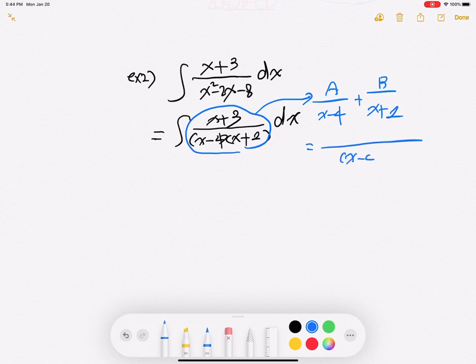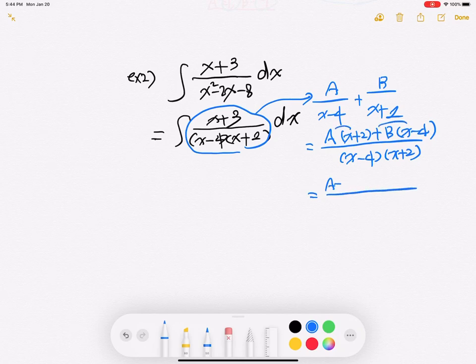So with x minus 4 times x plus 2, the numerator will be A times x plus 2 plus B times x minus 4. Simplify the numerator: Ax plus Bx, (A plus B)x, and then 2A minus 4B. The denominator is still there, nothing changed in the denominator.